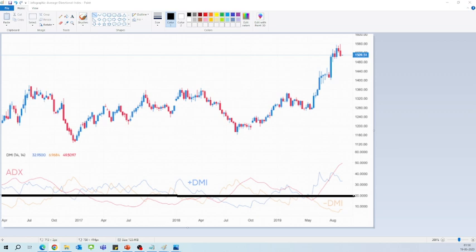So if the ADX is going above 25, that means that we have a trend. If it is over 20, it is showing you the trend. And if it is above 25, it is a strong indication that you have reached or will be moving further into the positive zone.